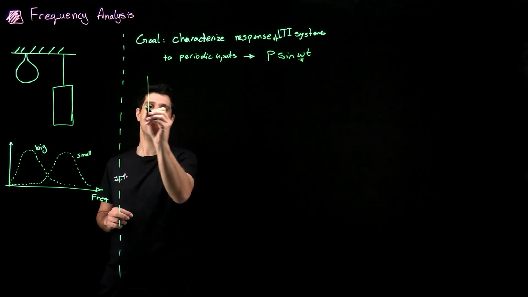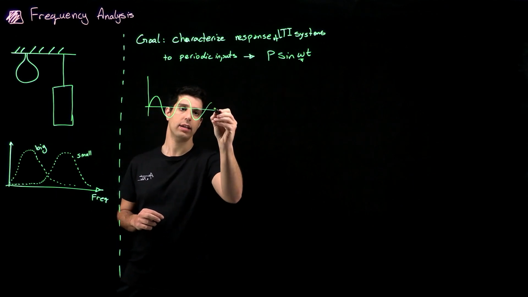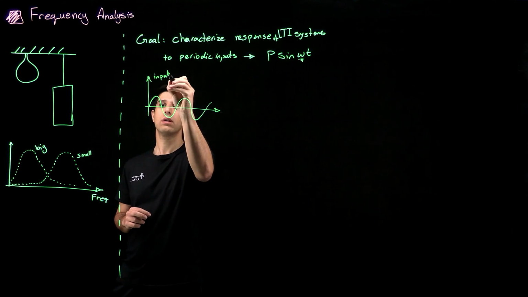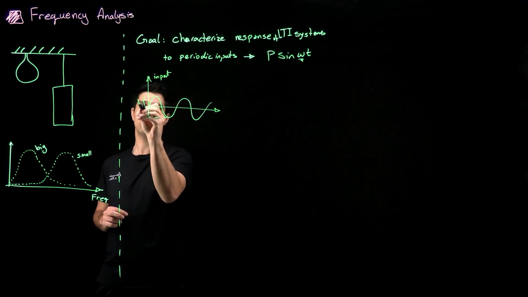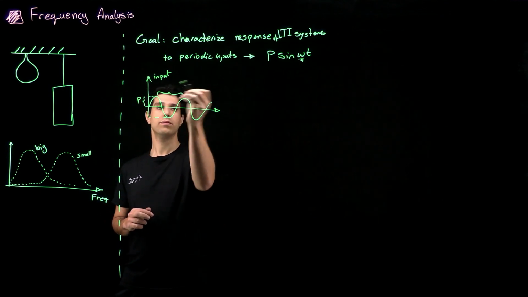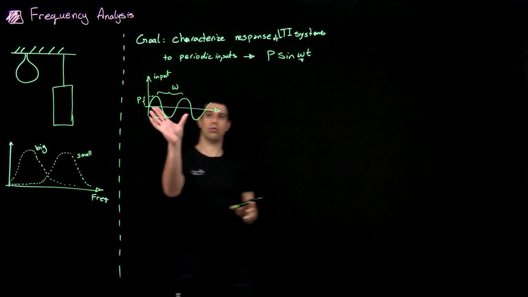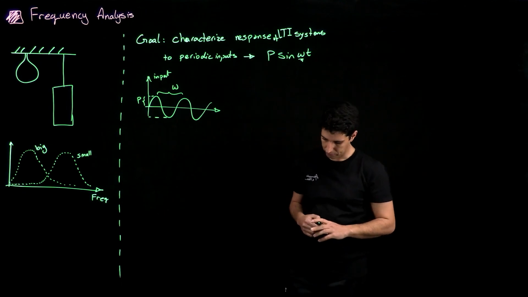So essentially, my input is something like that. This is the input, and it has some amplitude P and frequency omega that is related to this period of oscillations.